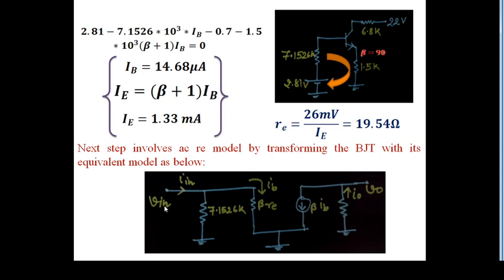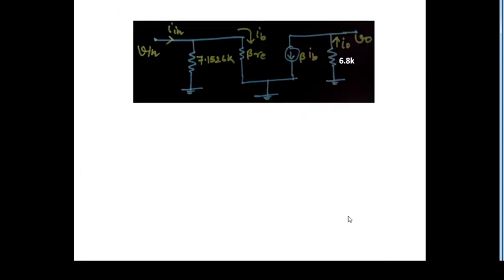So this one is the V in, and this one is 7.1526 kilo ohm. After that this is the 6.8 kilo ohm, and 7.1526 kilo ohm and beta RE.